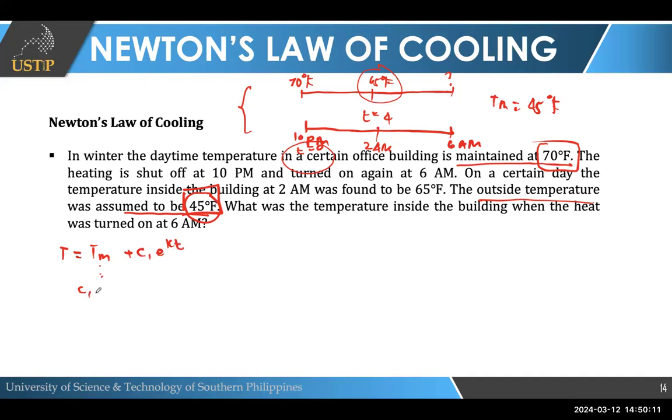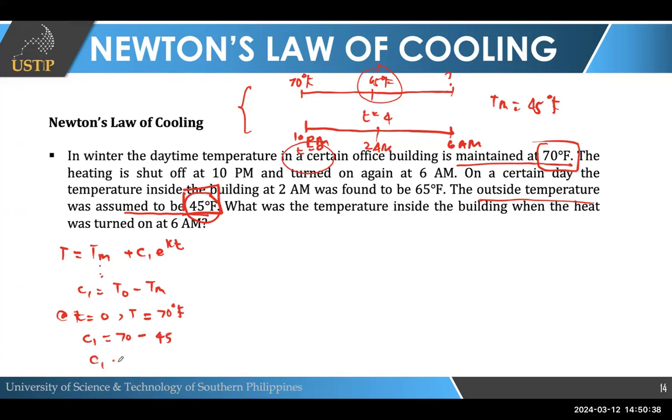Kabalo naman ta nga ang C1 will be the difference sa imuhang initial and then your medium, temperature of the medium. That will just be at T is equal to, time is equal to 0. Ang ato temperature is 70 degrees Fahrenheit. Okay, so C1 will be 70 minus 45.